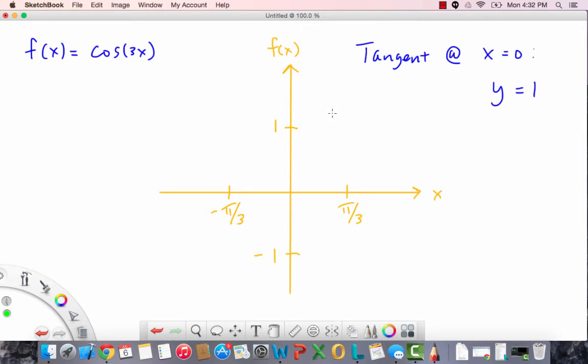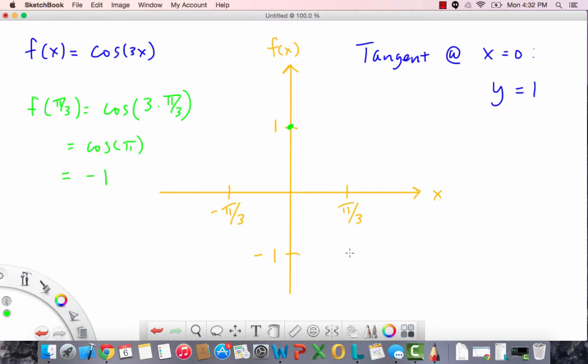So we will graph f of x first. If x is 0, we have cosine of 0, which is 1, so we have a point right there. And if x is pi over 3, let's sub that in here. F of pi over 3 is cosine of 3 times pi over 3, which is cosine of pi, which is negative 1.